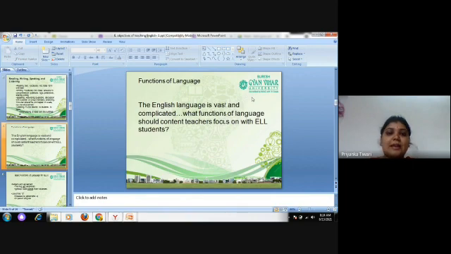So, functions of language. The English language is vast and complicated. This is not actually easy. What functions of language should content teachers focus on for the ELT students?